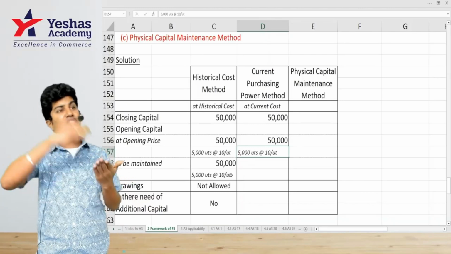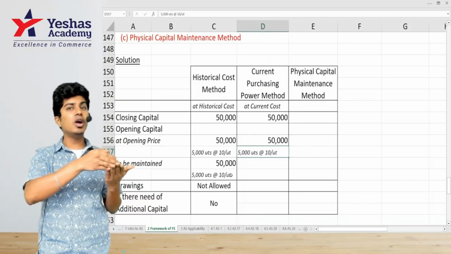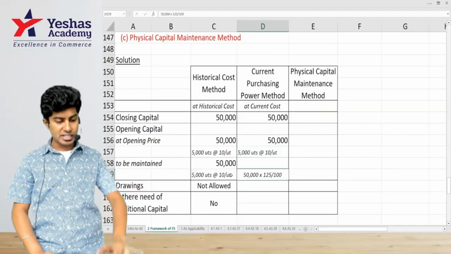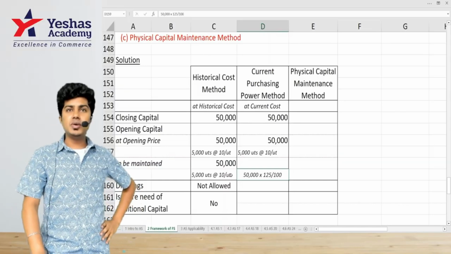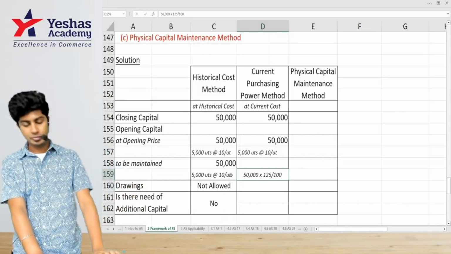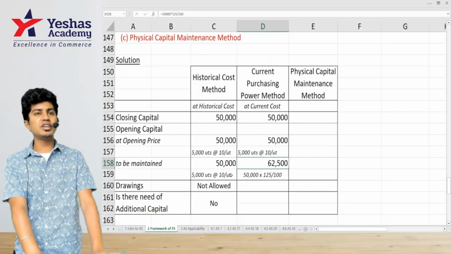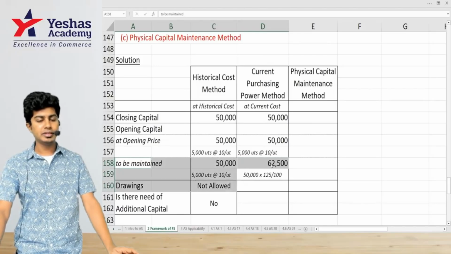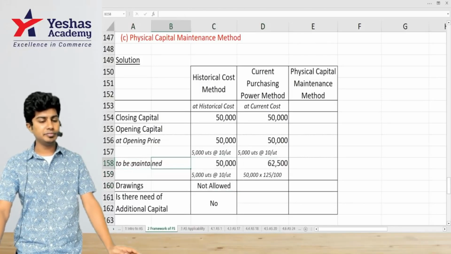If it was 50,000 last year, at what rate should it be now? 50,000 into 125 by 100. So what is the capital to be maintained? 50,000 into 125 by 100. How much is 50,000 into 125 by 100? 62,500. This is the capital to be maintained. Capital is to be maintained at what rate?